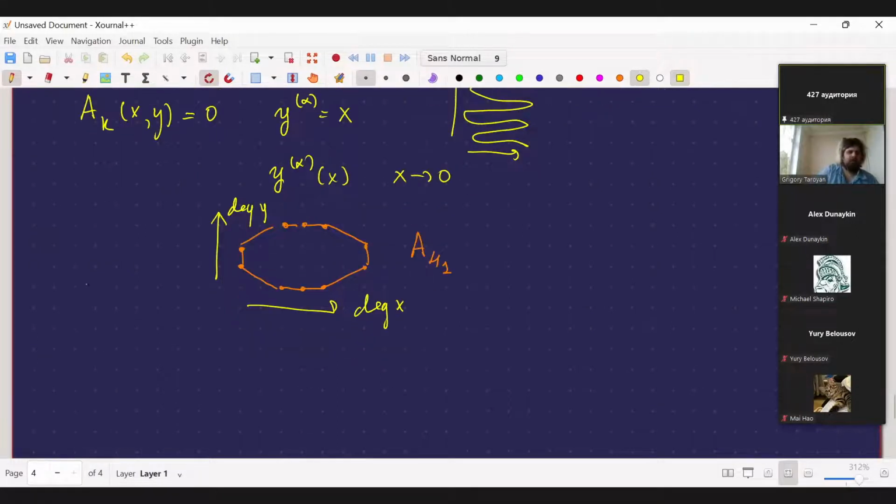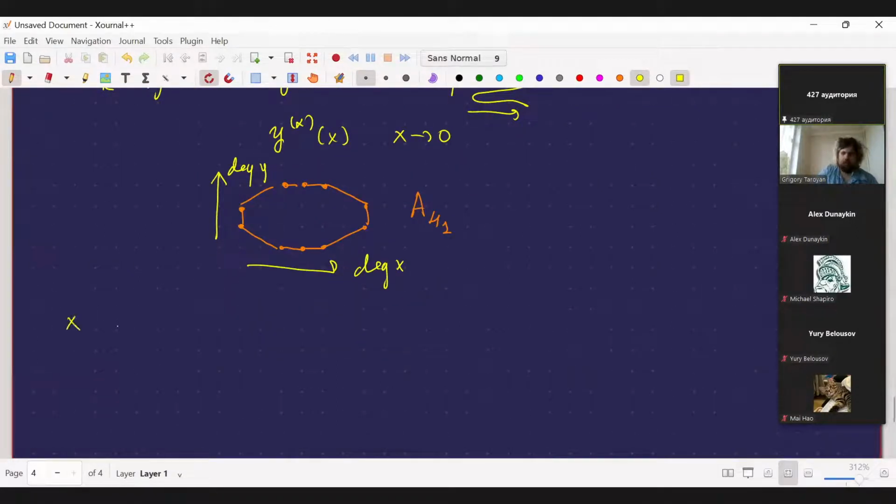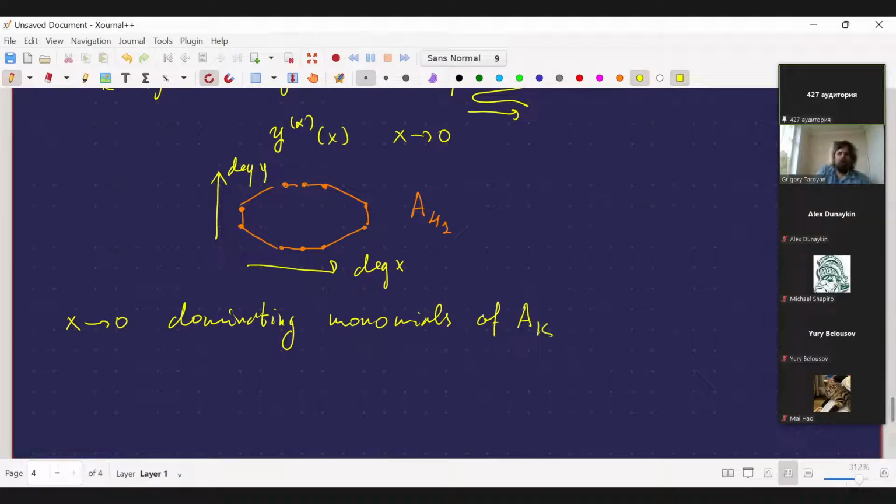So when x tends to 0, the dominating monomials of A_K are ones which correspond to leftmost edges.